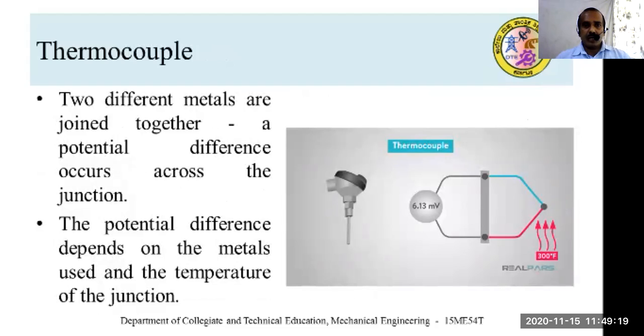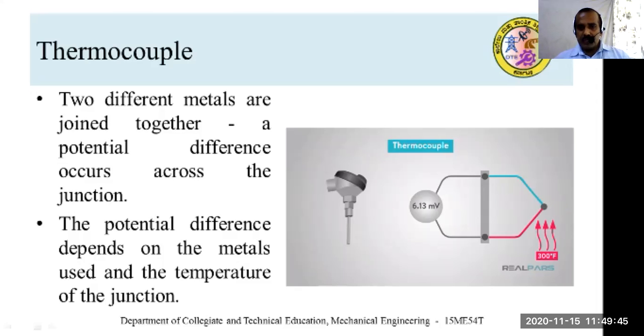The next type of sensor is a thermocouple. A thermocouple is also used as a temperature sensor. Two different metals are joined together, and the potential difference across the junction is used to determine the temperature of an object in a thermocouple. These are the two metal wires made up of different metals.